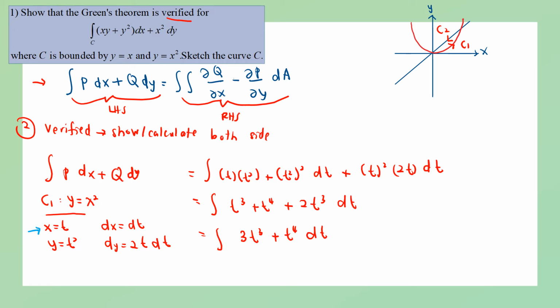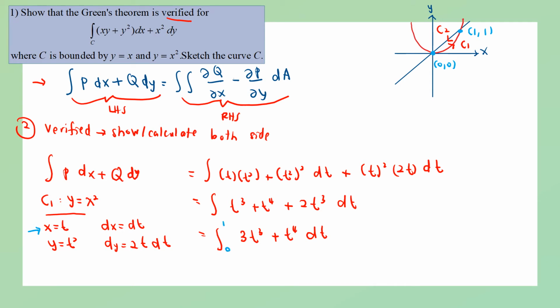So the limit is based on point x. You can refer to this figure. The arrow is from this point, which is (0, 0), to this point (1, 1). So the arrow is counterclockwise, so the limit is from 0 to 1.